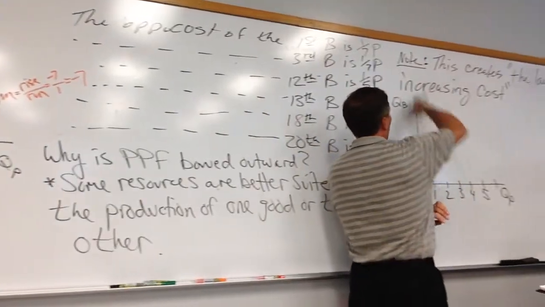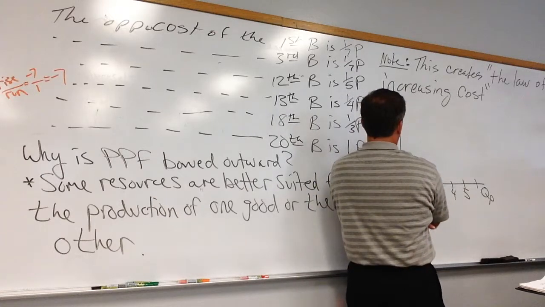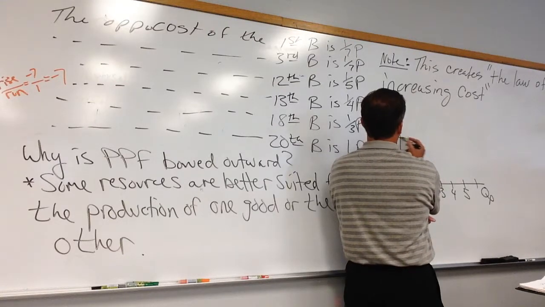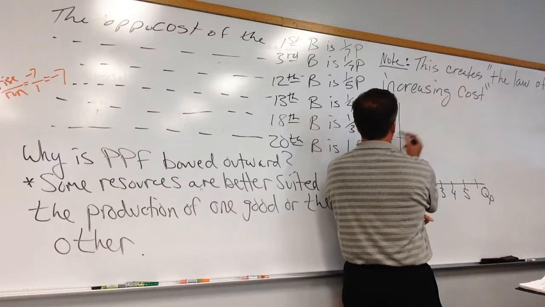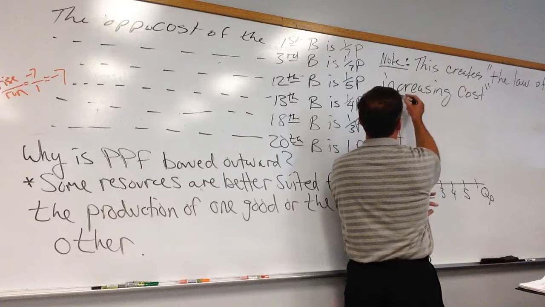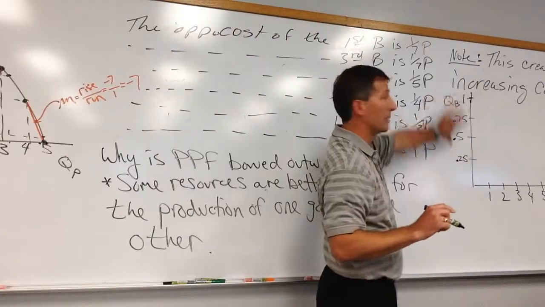And over here, don't go up to 20 because of the way the numbers work, but just so we have something to go by, 0.25, 0.5, 0.75, and 1. These are fractions of a beer.